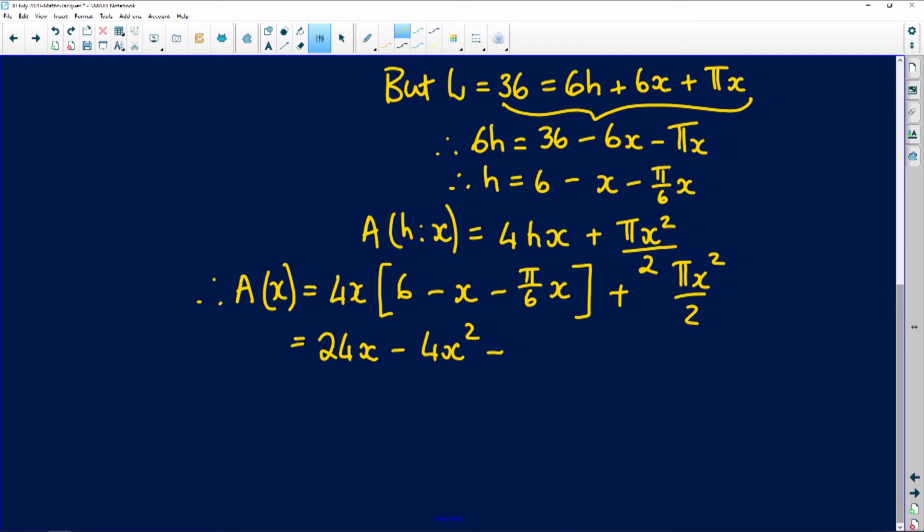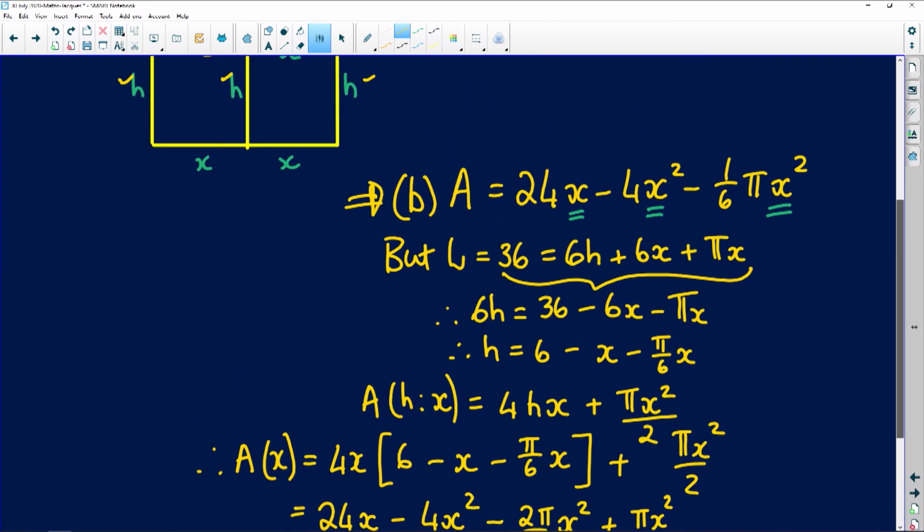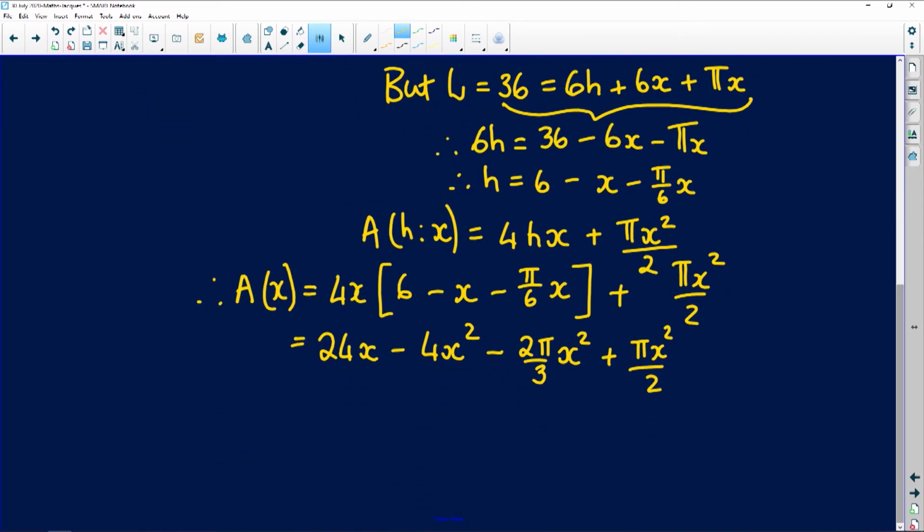Now 4 goes into 6, simplifies to 2 pi over 3 x squared over there, plus pi x squared over 2. Okay, so what have we got so far? We have the 24 and the 4x squared. We must just simplify this over here.